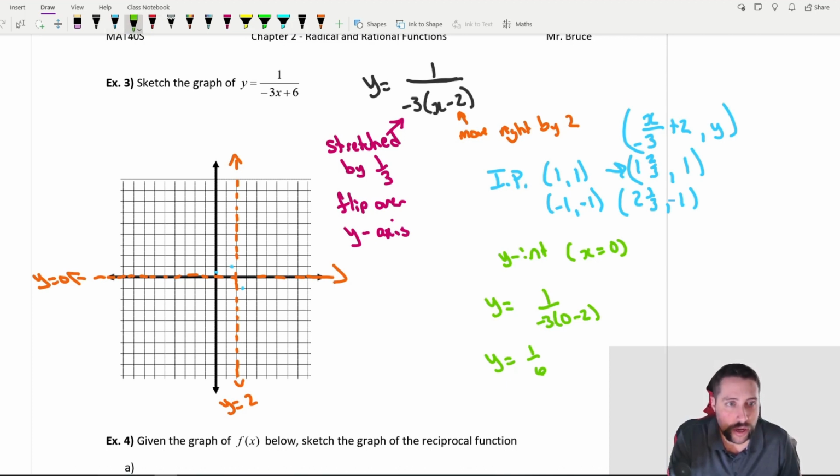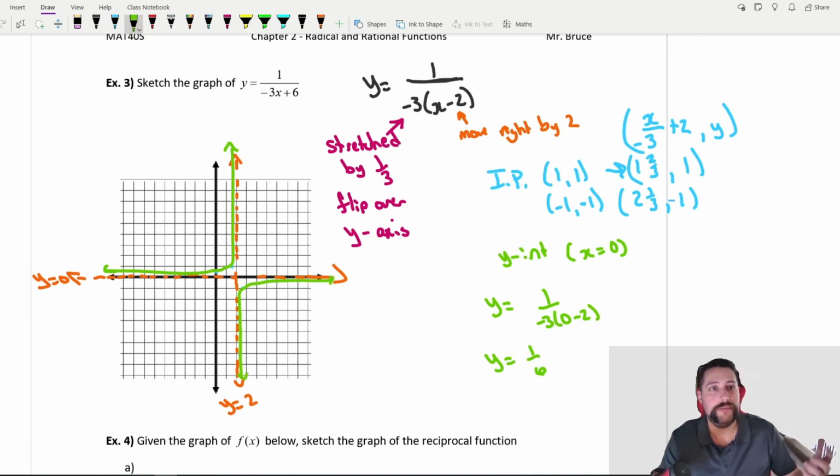So let's make this graph. It touches these points, like so, and we do it in the other quadrant as well. Make sure we don't touch the asymptote: come up, meet the point, and carry on. Just like that. So there you go, that's how you would graph y equals 1 over -3x plus 6.